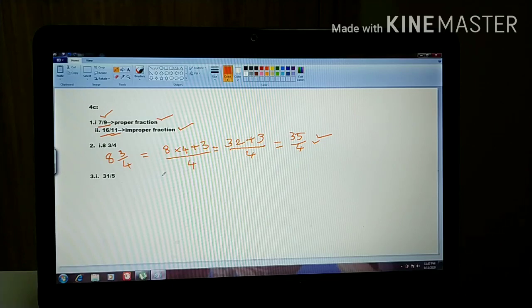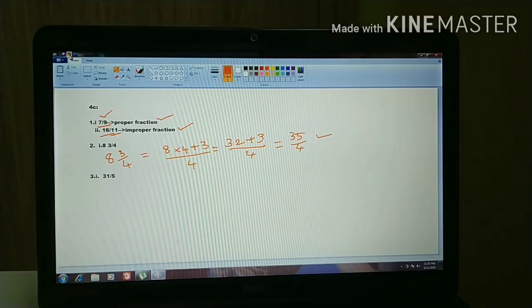Convert each of the following improper fractions into a mixed fraction. They have given an improper fraction. We have to convert it into a mixed fraction. So what they have given is 31 by 5.